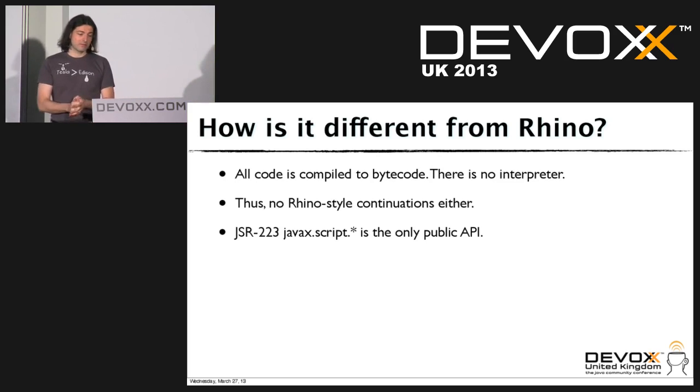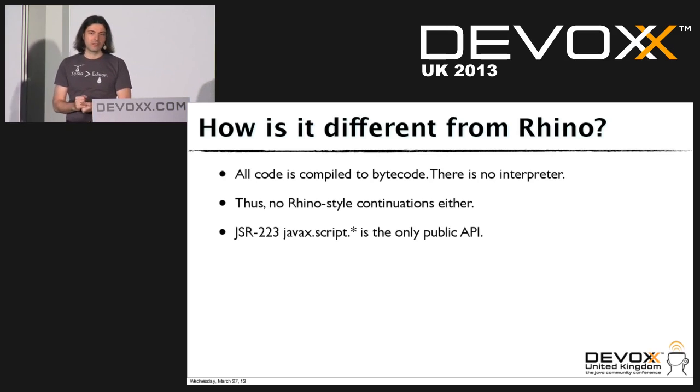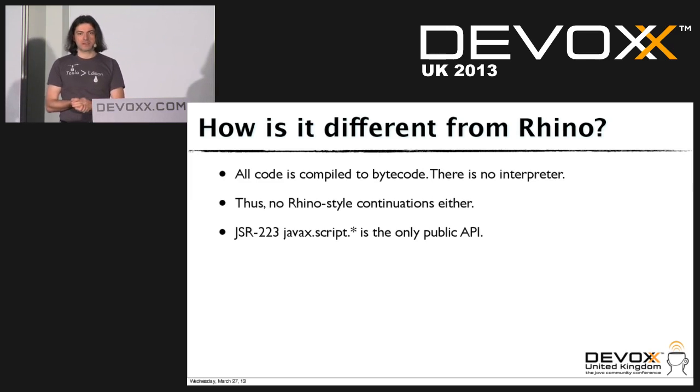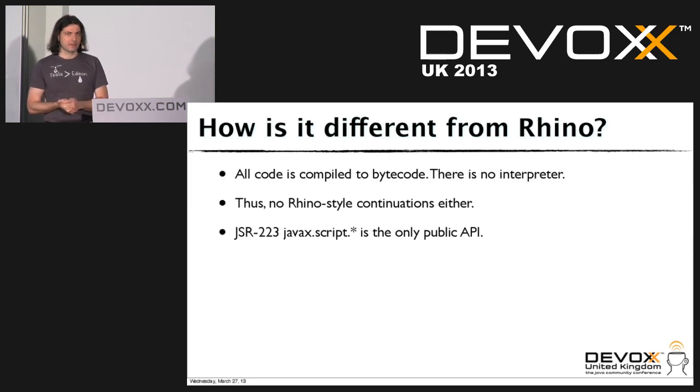Basic differences from Rhino. All code is compiled to bytecode, fed to the JIT, eventually ends up being JIT compiled to machine code. There is no interpreter. Rhino used to have an interpreted and compiled mode. One neat thing is that in the interpreted mode, since it was handling its own stack frames, Rhino had a feature for first-class continuations, which could be nice if you were doing things like continuation-based web application frameworks or some other crazy stuff.